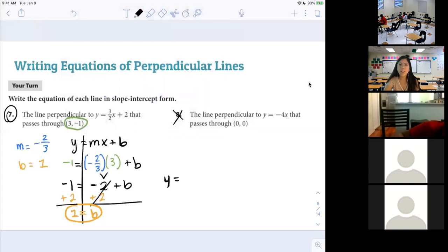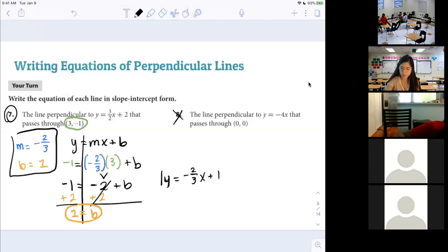Thank you. Okay, good, Janelle. So -2/3, don't forget the negative, x plus 1. I'm just using the values that I've already found. Okay. Any last questions on how to get these equations when you're given a point and the slope? Questions going once? Questions going twice?